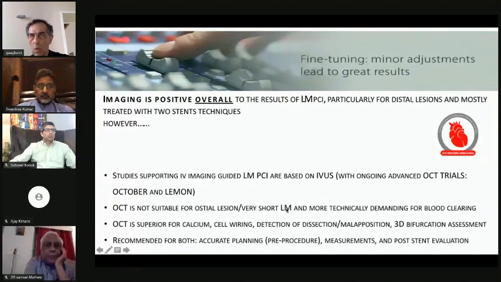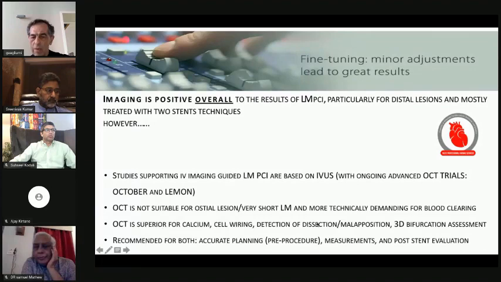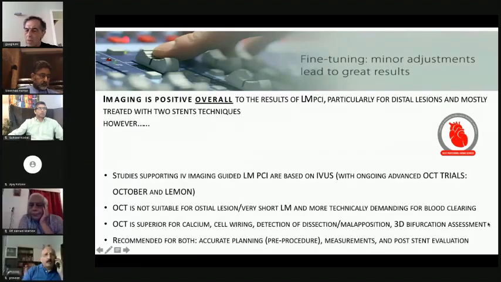OCT is not suitable or less suitable for ostial lesions or a very short left main, and is more technically demanding. But OCT is superior for calcium, cell wiring, detection of dissection, malposition, and 3D bifurcation assessment. I think the most important point is to recommend, in left main, both an accurate planning pre-procedure, making measurements, and post-stent evaluation.